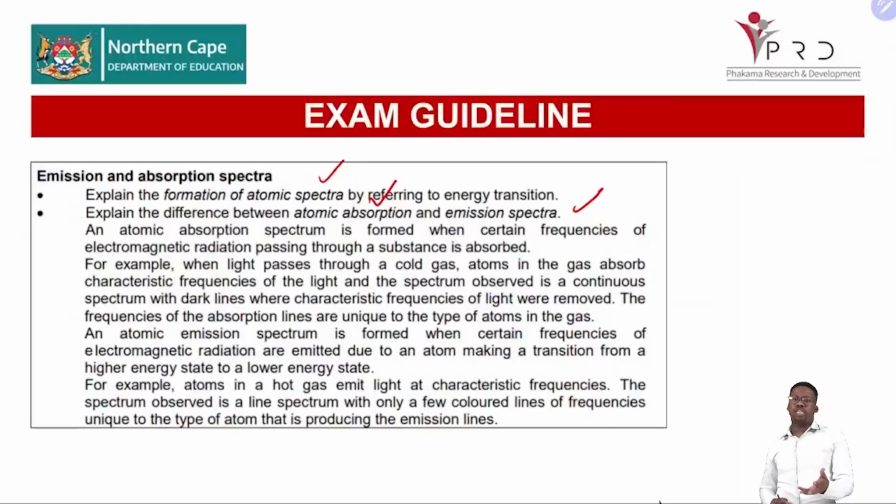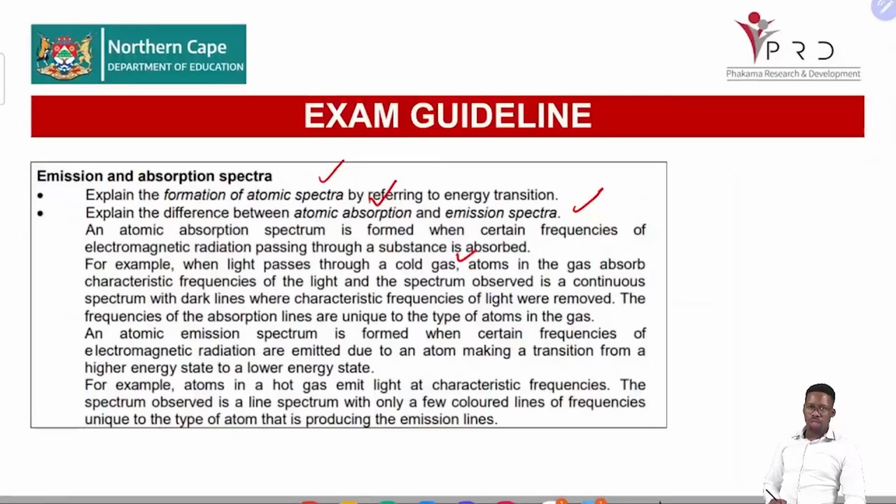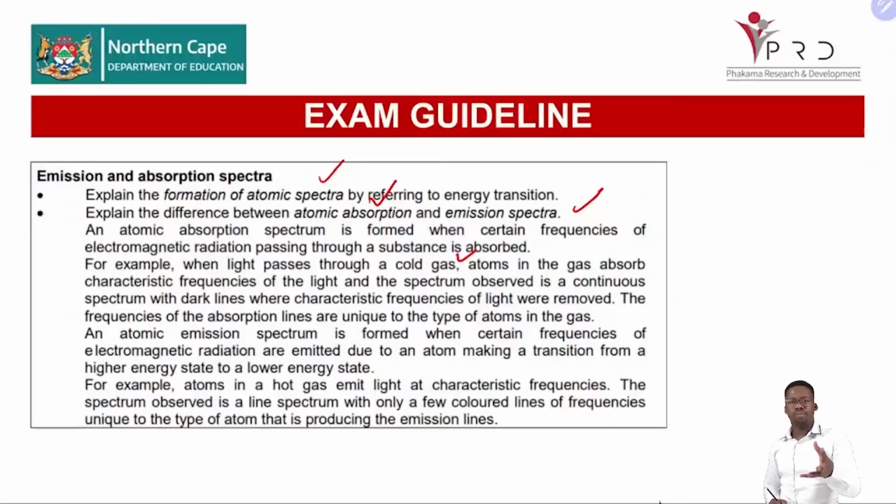If it is emission spectrum, the atom moves from a higher energy level to a lower energy level and releases a photon. And another obvious clue is that if you see the word cold gas, it's absorption spectrum. If you see the word hot gas, it is emission spectrum.